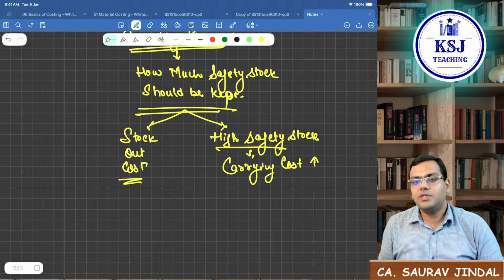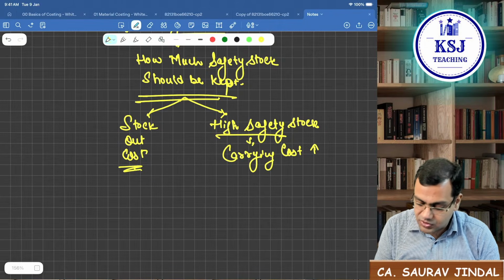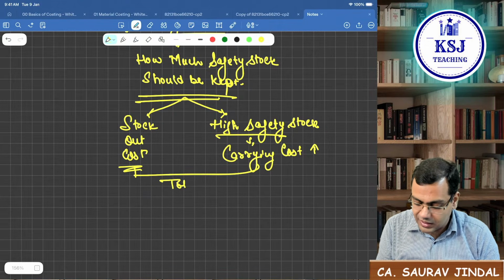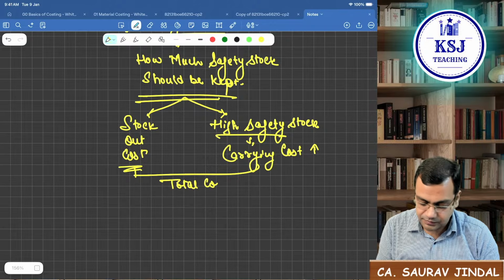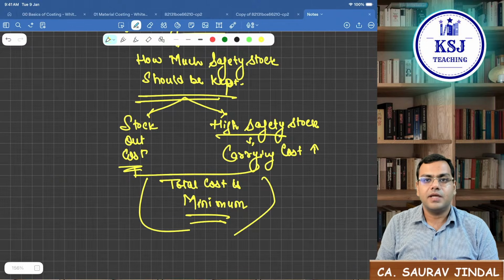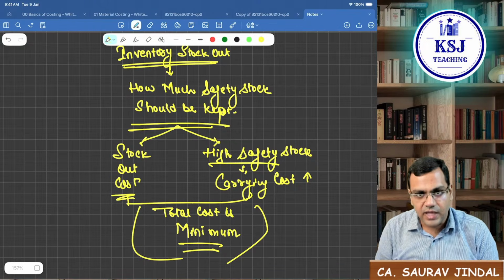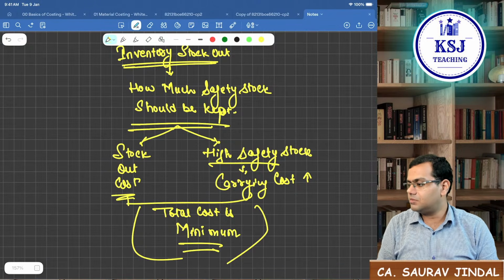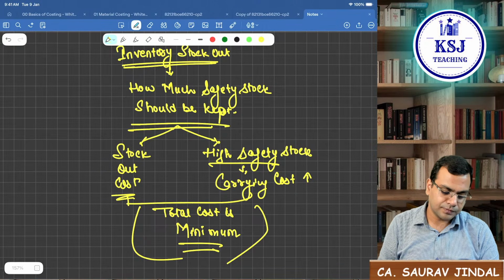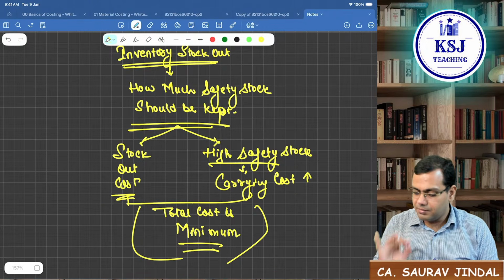So this concept says what is the optimum safety stock that you should be keeping so that the total cost is minimum. Is that clear, everyone? So this is the basic concept.